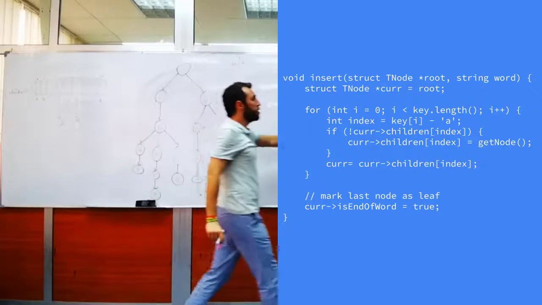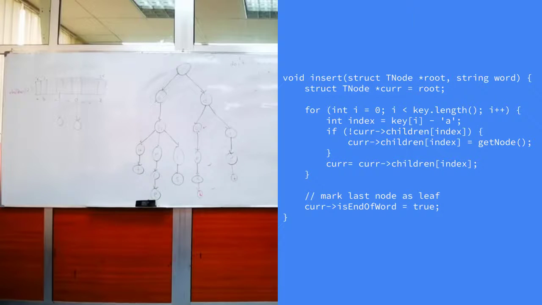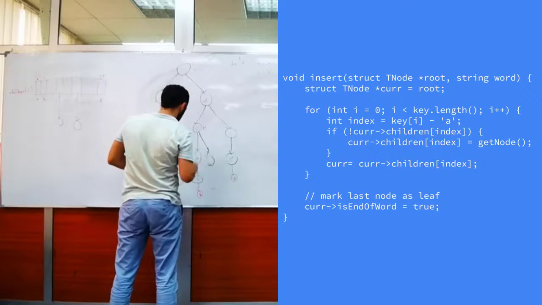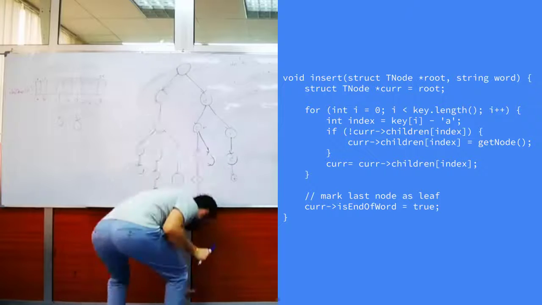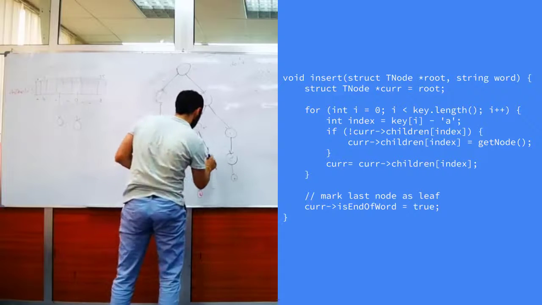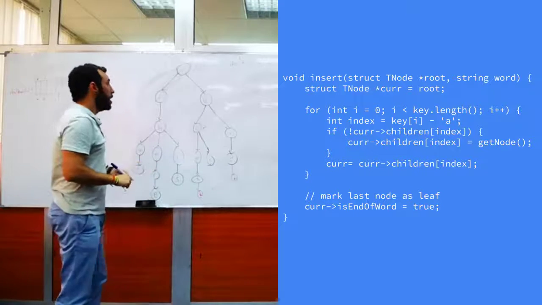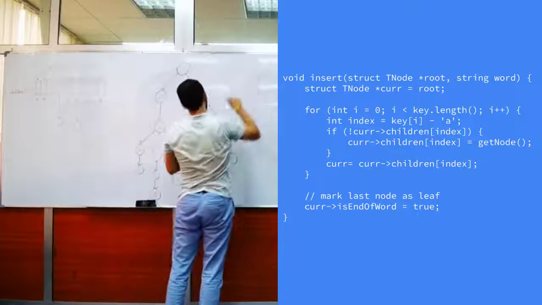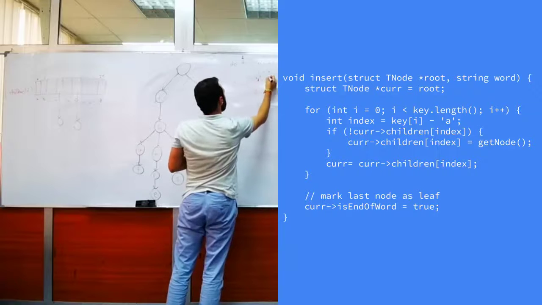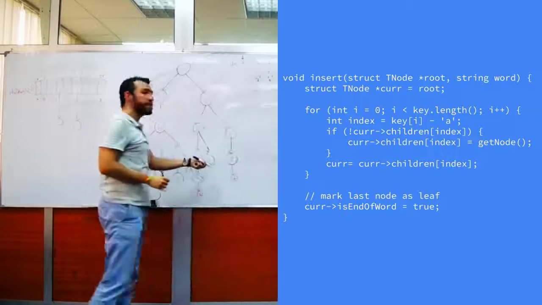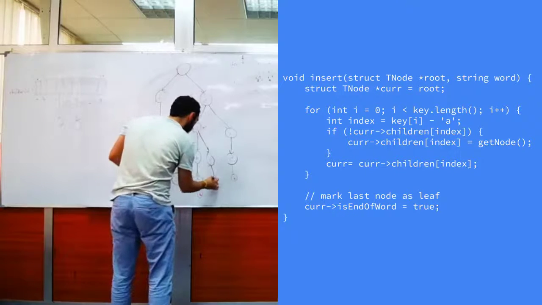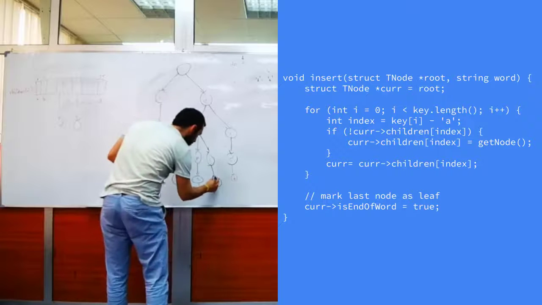So this time I execute this code piece and create a new node, and then I have I here. Finally, I move forward. Now it's time to execute on T. My index is T minus A, and I see that there is no such child here. So I create a new node and then put the T inside.